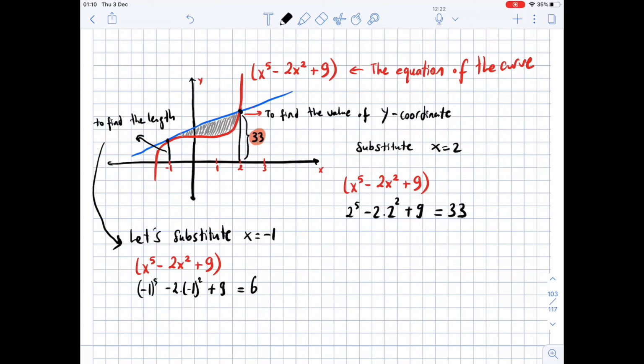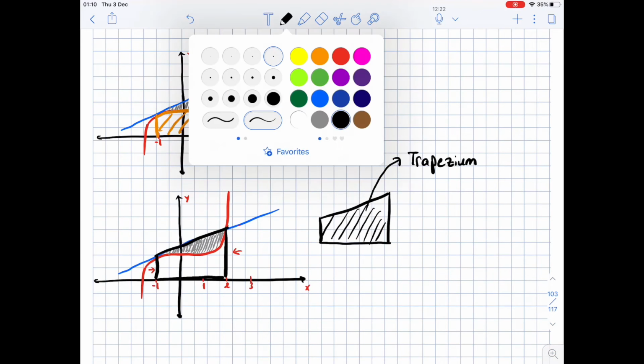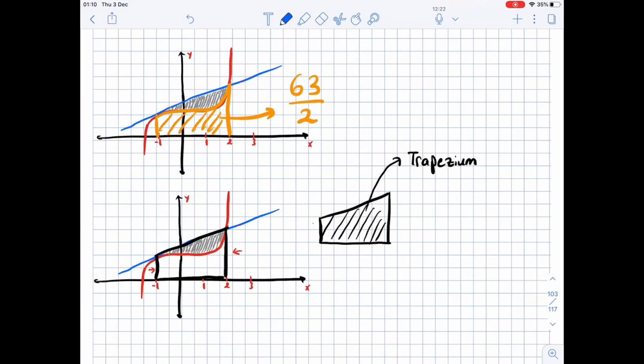We find the length of the bottom side and the length of the top side of the trapezium. So right now we can find the area of the trapezium. We know the height of the trapezium. If you put the trapezium on its side, which is 33, we see that the height of the trapezium will be 3.